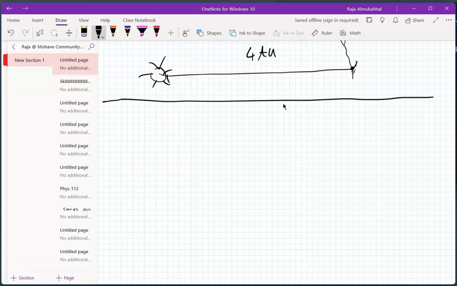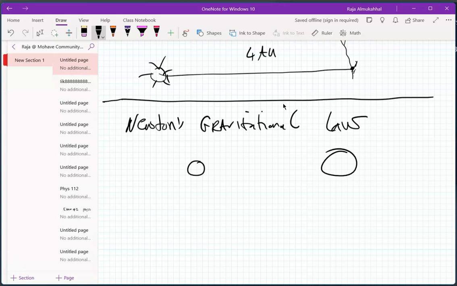But basically, just a refresher for you, you know Newton's gravitational law. It basically says if there are two masses, I have a video on that if you remember, and the distance between them is r, and let's say we call that mass 1 and this is mass 2, so there will be a force between them.